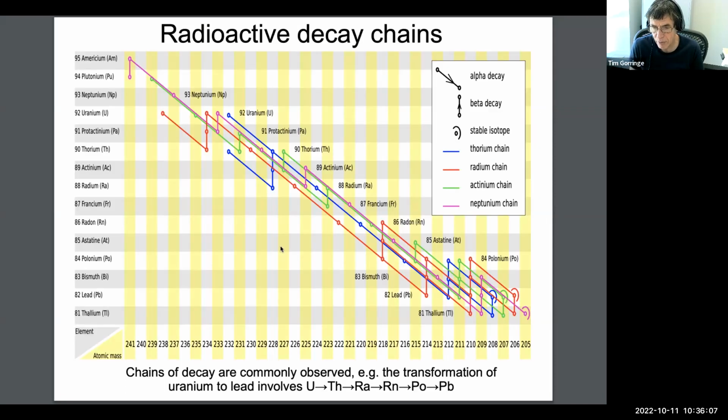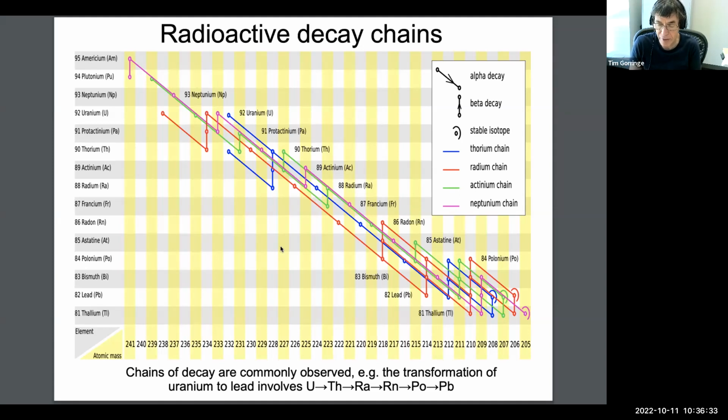One last topic I want to mention is radioactive decay chains. So often you just don't have the simplest case of a radioactive atom decaying to a stable atom. Often you have a radioactive atom decaying to another radioactive atom, which decays to another radioactive atom, and so on and so forth.